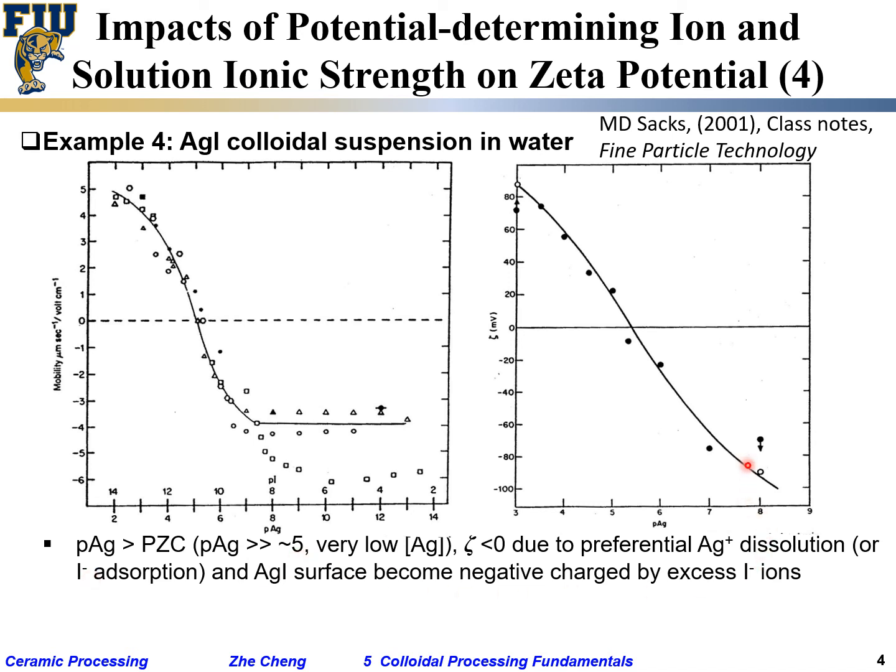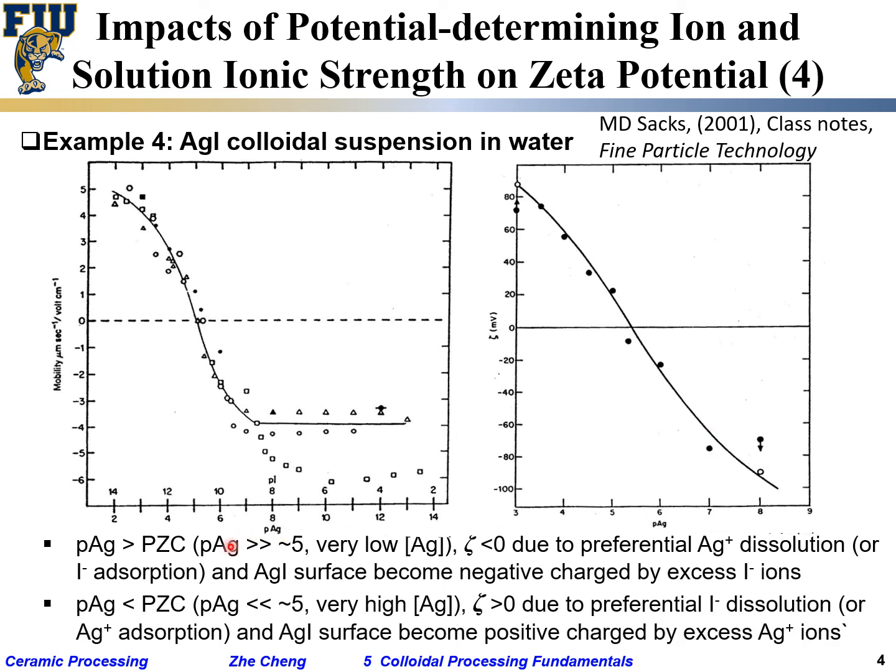To compensate, the particle gives out silver, and if the particle preferentially gives out silver, the particle surface has remaining richer iodine, which is negatively charged. That's why it's got a negative zeta potential. Here, it's going to be stable.